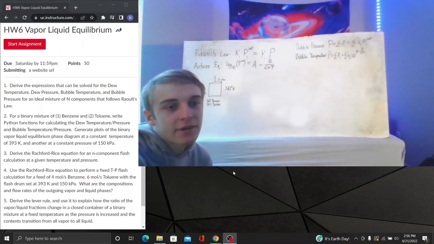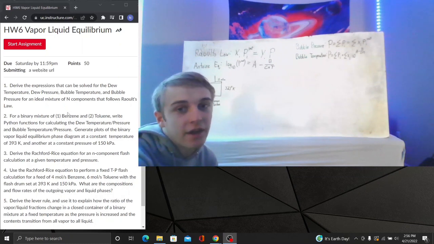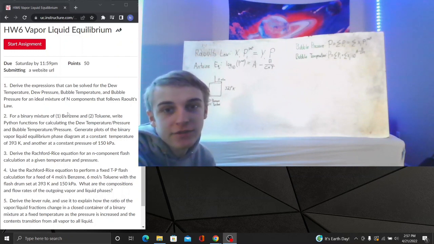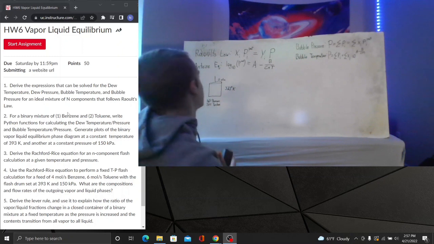So now we will be going for our expression for dew pressure. And dew pressure will be the pressure at which the first drop of liquid is formed at a certain temperature for a mixture of gases. So we're going to come back to this diagram here.